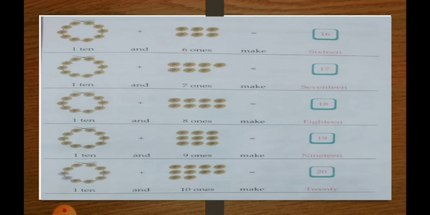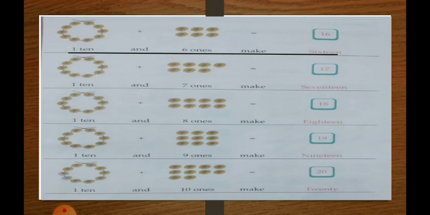Yes, the number is 16. If we add 1 ten and 6, you get the number 16. And how are you going to read it? SIXTEEN, 16. Separate flowers we count as ones. 1 ten and 6 ones make 16.